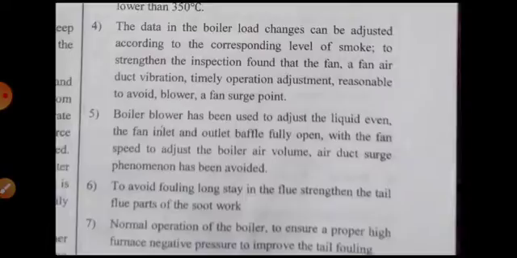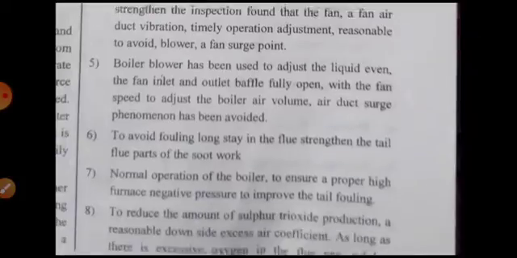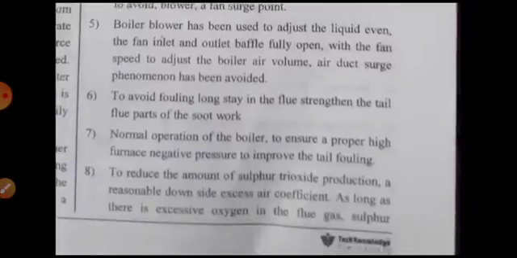To strengthen the inspection, if fan or air duct vibration is found, make timely operation adjustments, reasonably avoiding the blower or fan surge point. The boiler blower has been used to adjust the fan inlet and outlet baffles fully open, with the fan speed adjusting the boiler air volume.